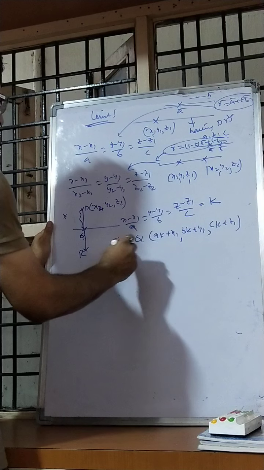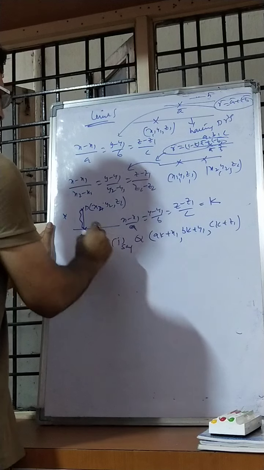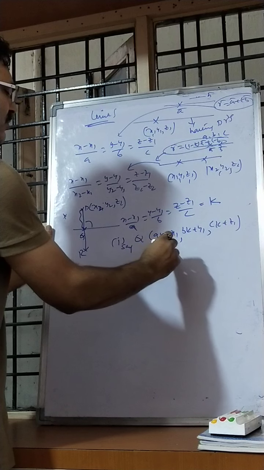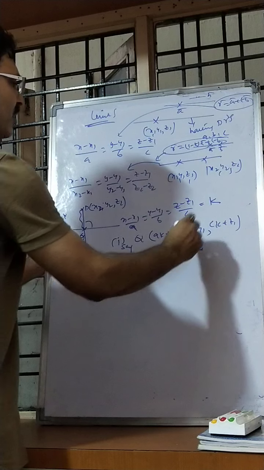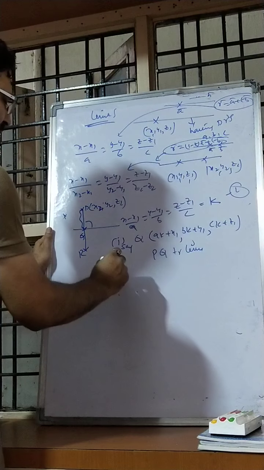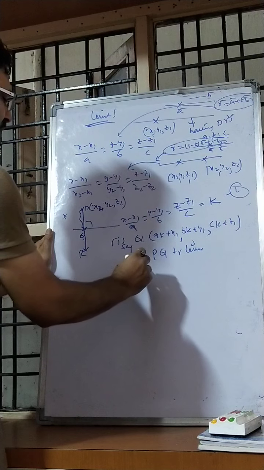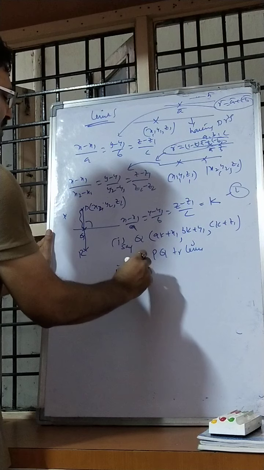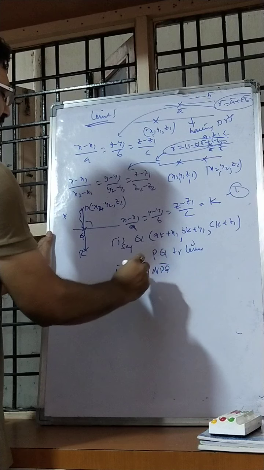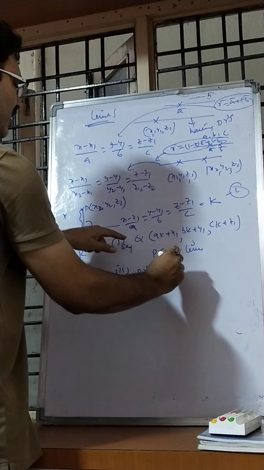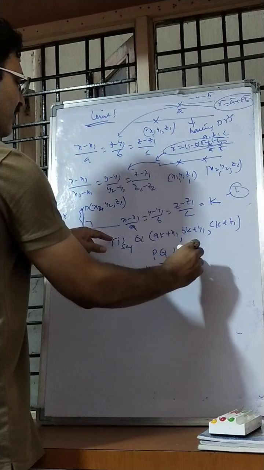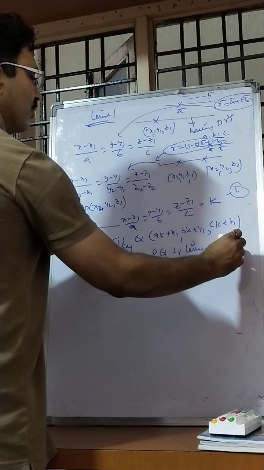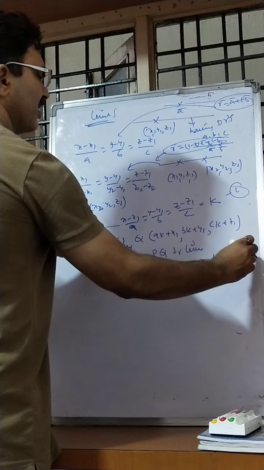Next, after assuming this, you know very well that PQ is perpendicular to the line. Therefore, the second step is to find the DRs of PQ. DRs of PQ means ak plus x1 minus x2, bk plus y1 minus y2, ck plus z1 minus z2.